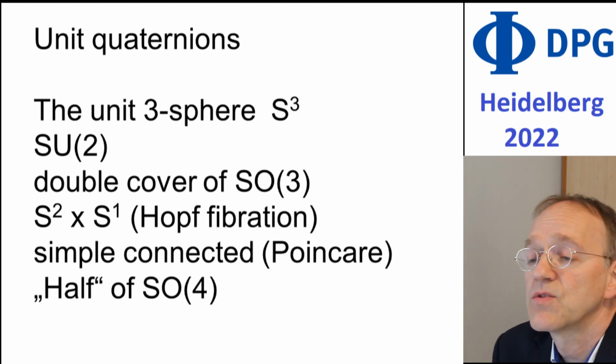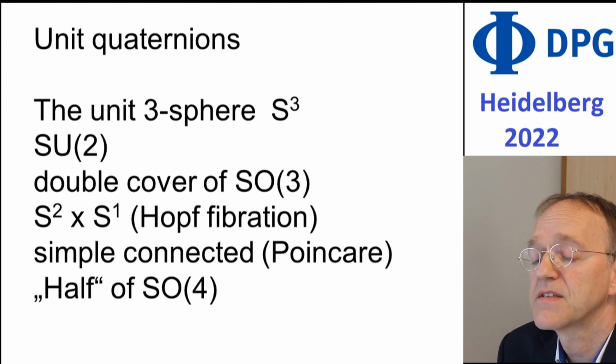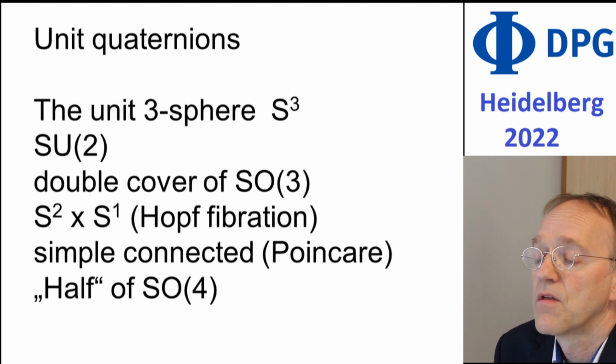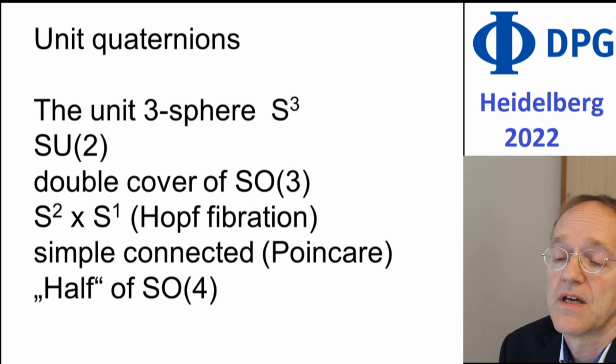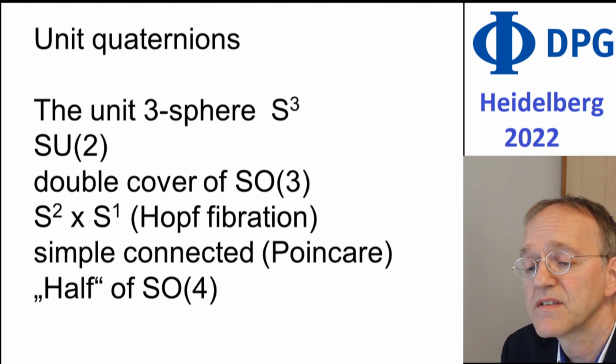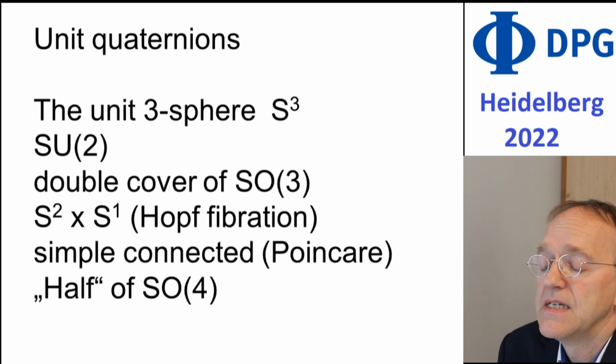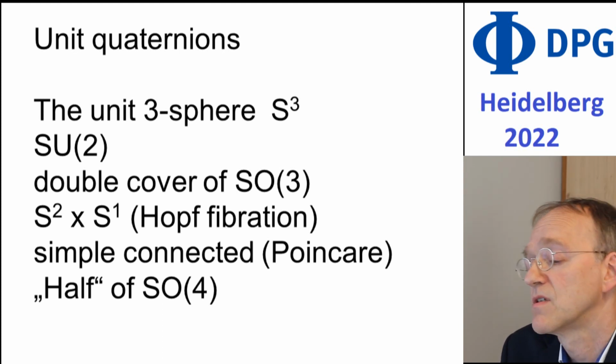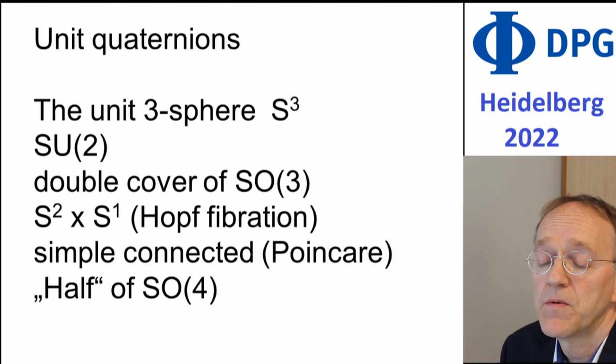And why is this interesting? Because it shows up in several contexts. You may look at it as the unit 3-sphere, also as the rotations in 2 complex dimensions. It has a meaning as the double cover of the usual rotations in 3-dimensional space, as we will show.